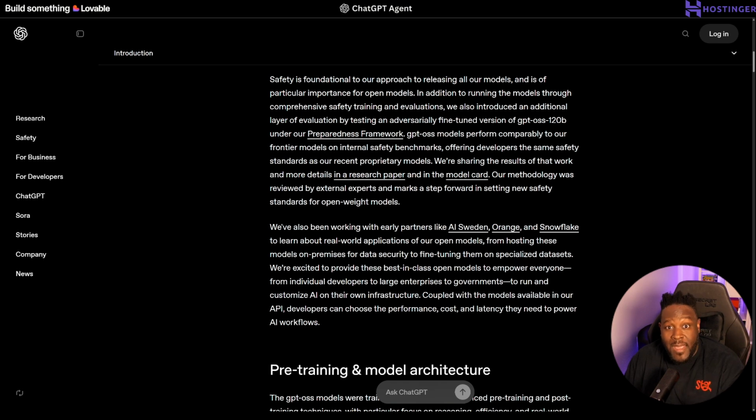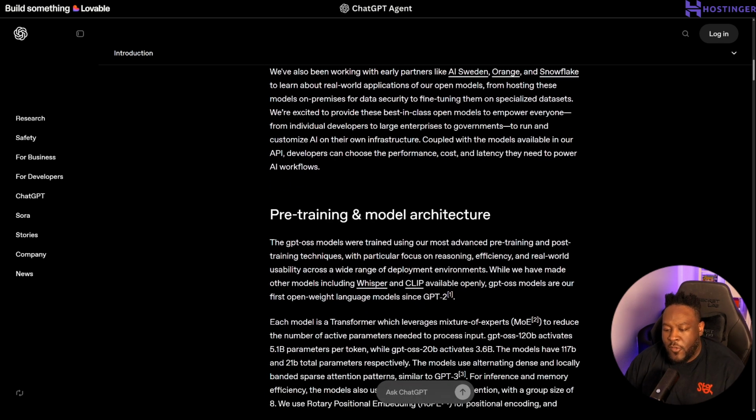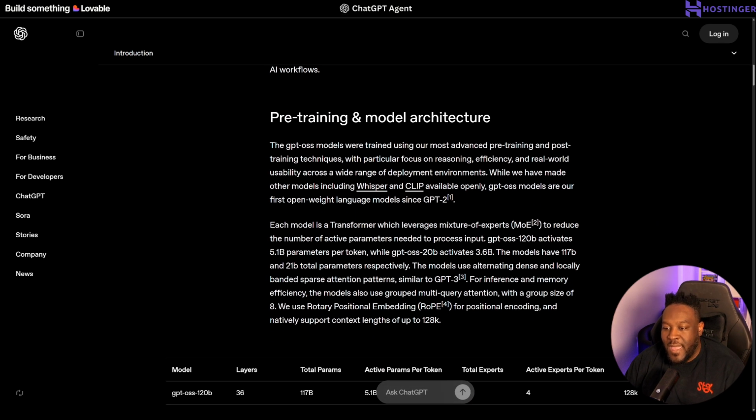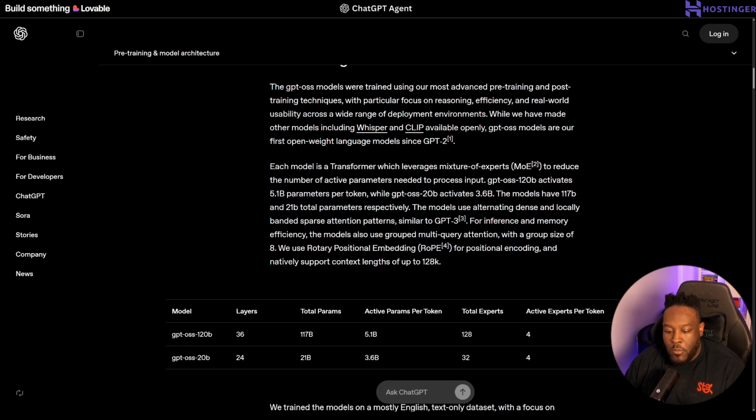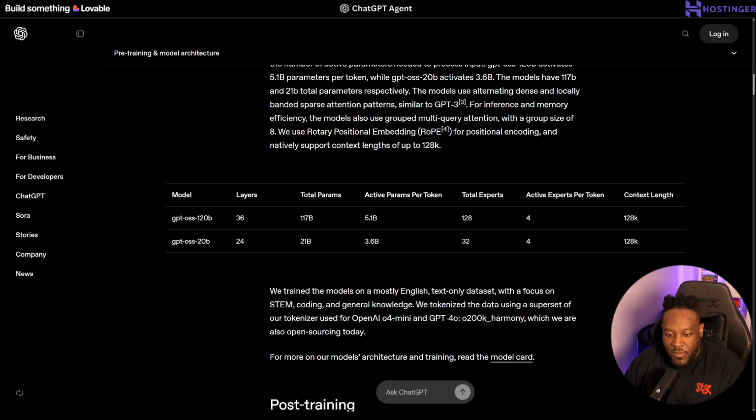With N8N, we can have both N8N and these models local and be able to run them without having to worry about any type of internet or any type of privacy or security issues. Now this also breaks down the pre-training and the architecture of these models. I'm going to bypass that again and leave a link so you guys can read it.